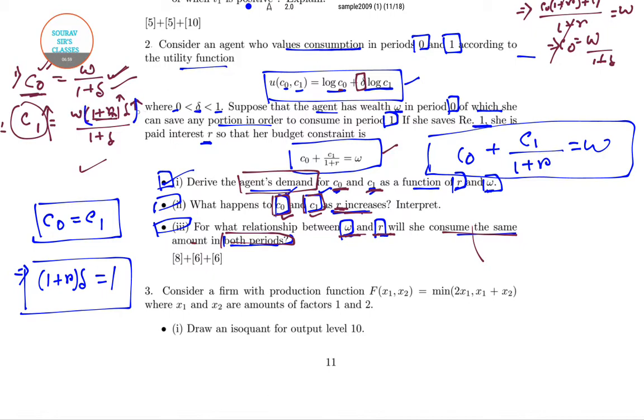Because when this is equal to 1, as you can see, we are only left with W/(1+delta). So our job is to find the agent's demand function, that is, C0 and C1. Once we have the demand function in our hand, we can simply interpret the last two questions.